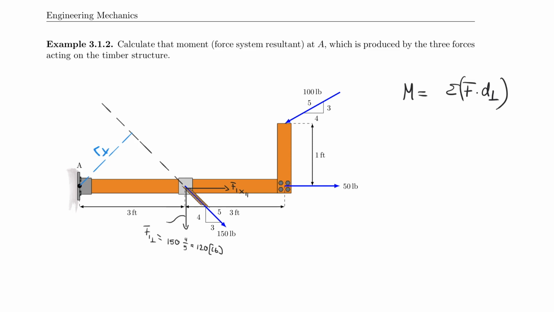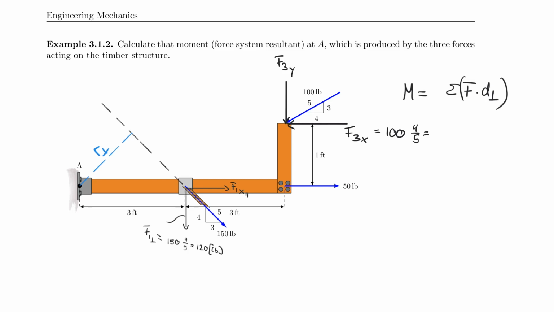So let's break those down, and let's understand that we have a vertical component, which is here. So let's call that F3y because it's in the y-axis. And then we have also this component here, which is F3x. And F3x, for example, would be equal to 100 divided by 5 multiplied by 4.